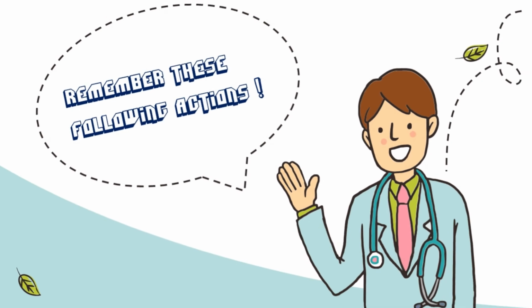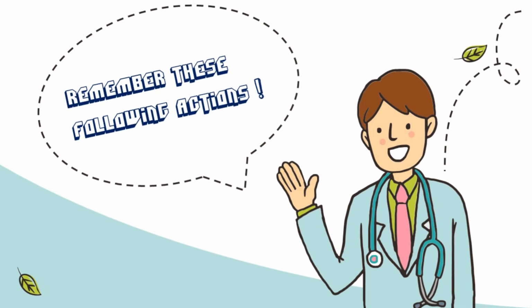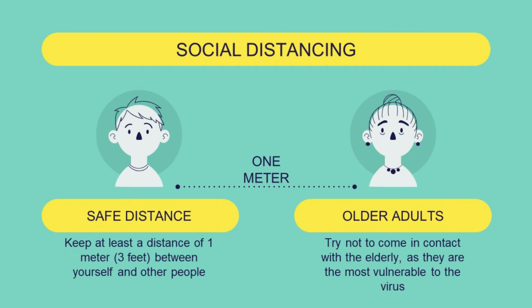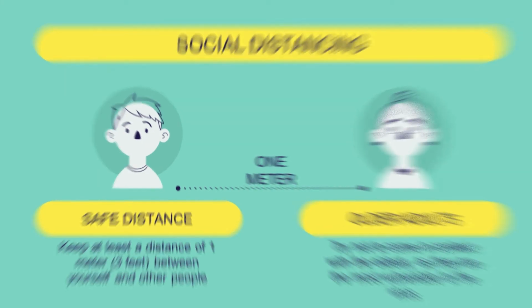So, before I end the class, please remember these following actions. Make sure you apply social distancing or physical distancing. Make sure you keep one meter away from other people. And remember, please do not come in contact with the elderly, because they are most vulnerable to the virus.